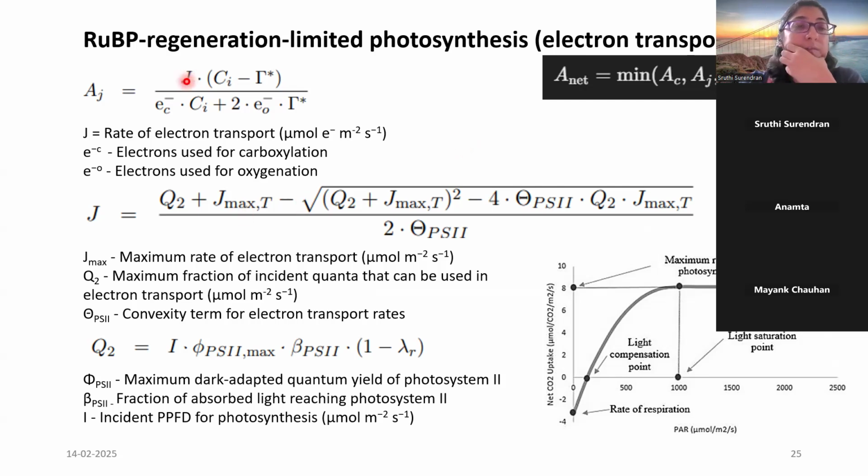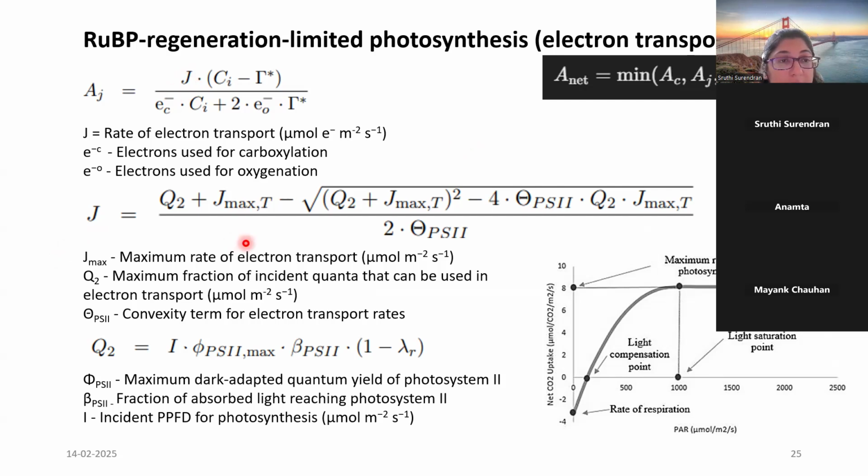And then this value of J gives the rate of electron transport, but J itself is a parameter that is impacted by light, the convexity factor, the maximum electron transport rate, and also the quantum yield.